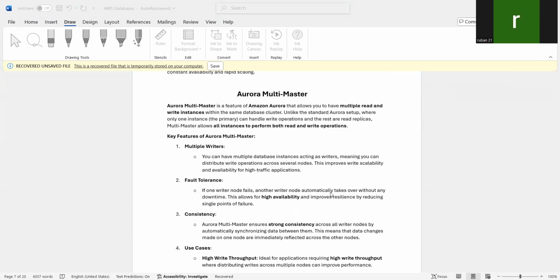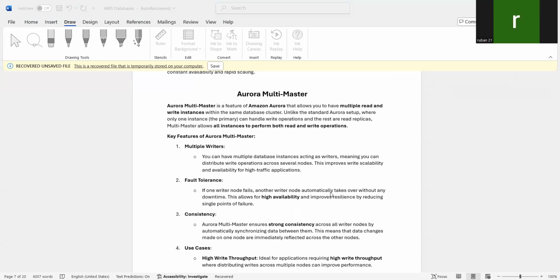Within the same database cluster, unlike the standard Aurora setup, where in the cluster you have only one primary instance that can handle write operations and the rest are read replicas.